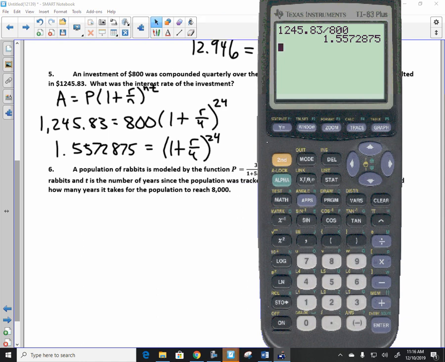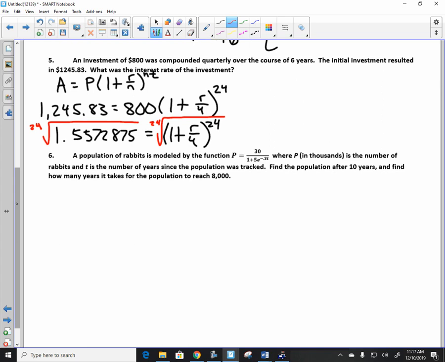What's the next thing to get rid of? How do I do that? Wow, Alex has it. It does not involve a logarithm. If it was squared, you would simply square root both sides, correct? So if it's to the 24th power, we take the 24th root of both sides. We've never done that before, have we?